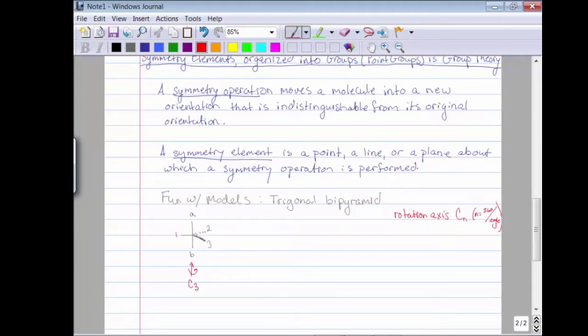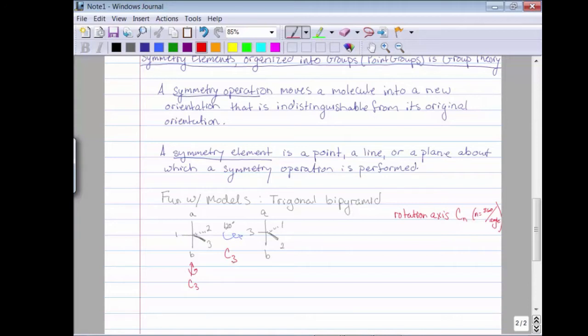And if we rotate it 120 degrees, for example, I would get a molecule that looked exactly the same, except if I actually kept track of the numbers, I might call this 1, 2, and 3 now. So this is the 120 degree rotation. That is 1 C3 rotation.